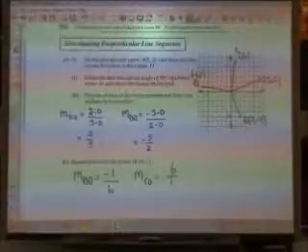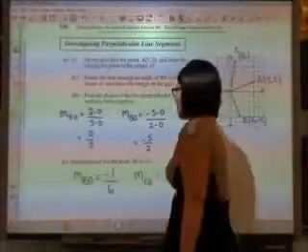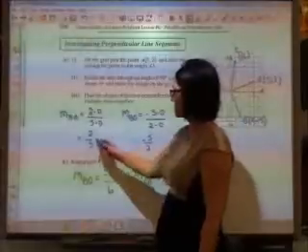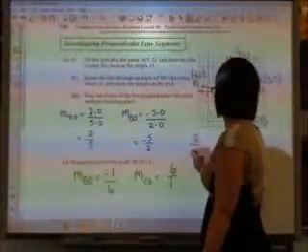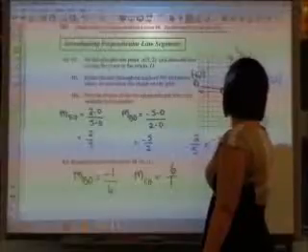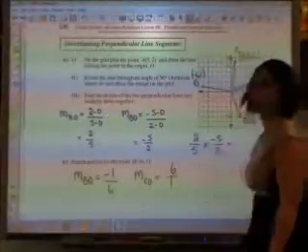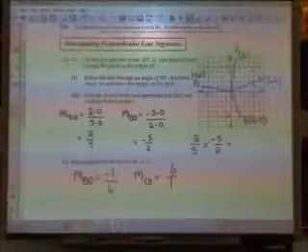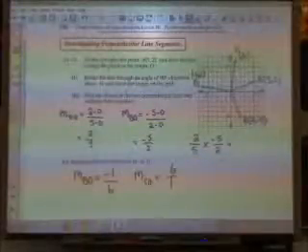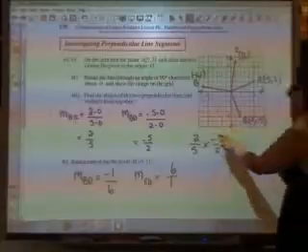Okay. We're going to do one more thing with these slopes. So I take these two numbers and multiply them together. What do you get? 2 times negative 5?